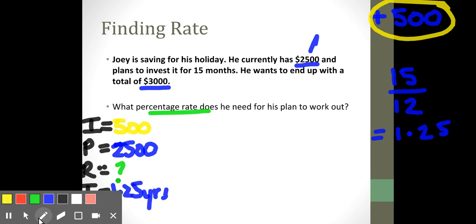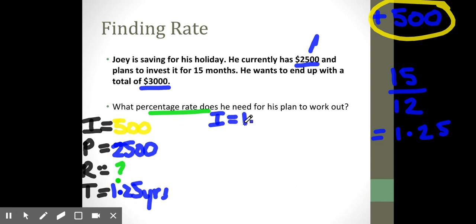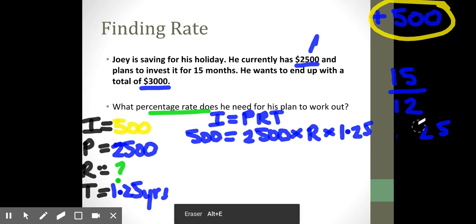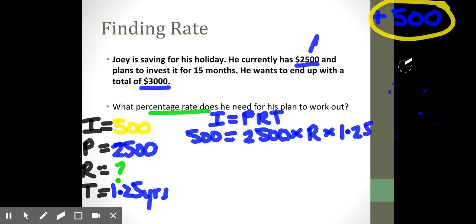All right. So we will go through our process. I equals P R T, and we'll substitute what we know. 500 is equal to 2,500 times rate times 1.25. Let's just rub some of this out over here so we don't get confused.